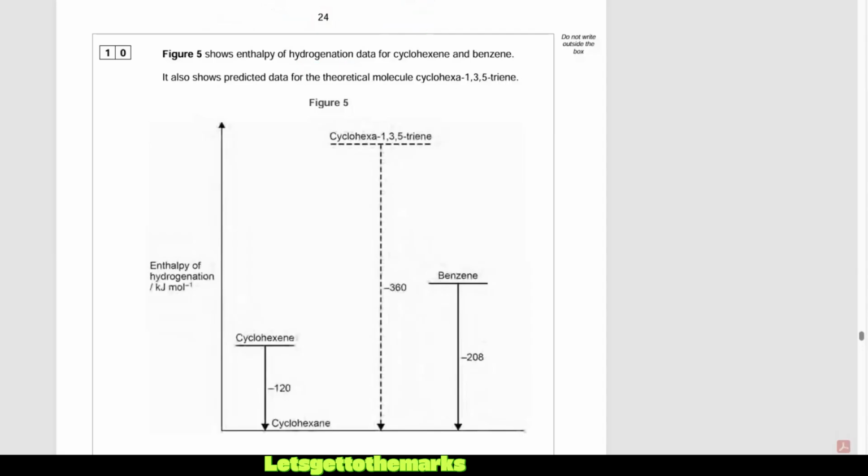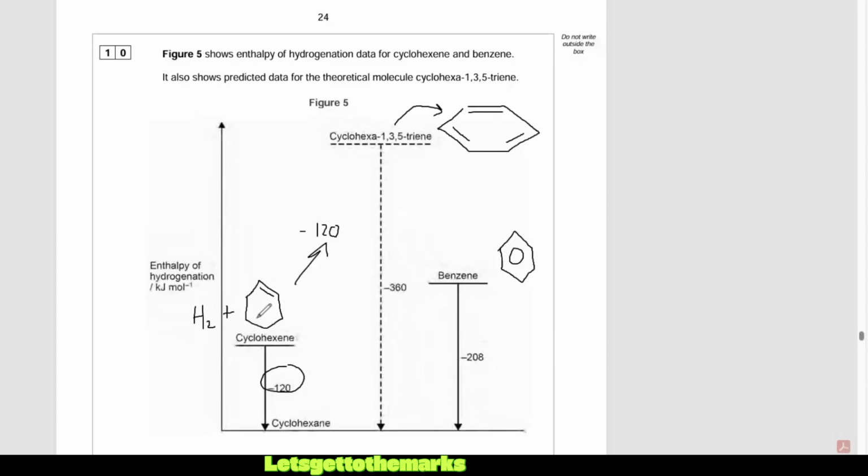Okay, so let's have a little look. We've got predicted data for 3 molecules, cyclohexene, and cyclohexa-1,3,5-triene. Now, cyclohexa-1,3,5-triene is a theoretical fictitious molecule, but we would imagine that when you compare it to cyclohexene, this would be cyclohexene with 1 double bond, minus 120. We'd imagine the energy released with cyclohexa-1,3,5-triene should be 3 times that and should be minus 360, right?